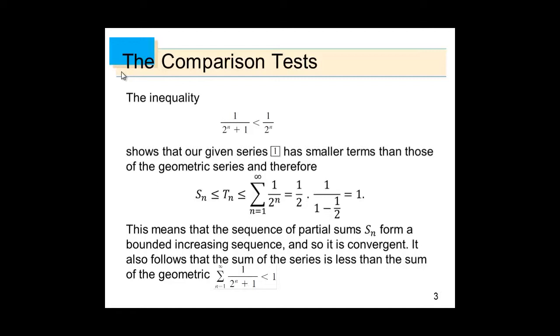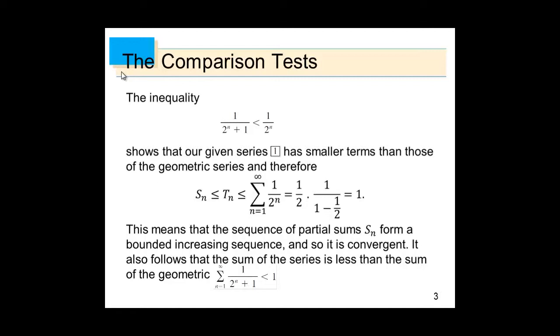They have the same numerators, but the denominator on the left is bigger, right? So if you divide 1 by a bigger number, don't you get a smaller ratio? Is everybody okay with that? So 1 over 2 to the n plus 1 is smaller because the denominator here is bigger than the denominator there, while the numerators are the same.